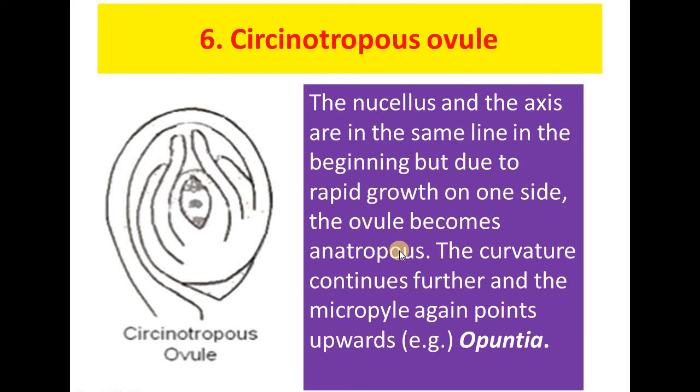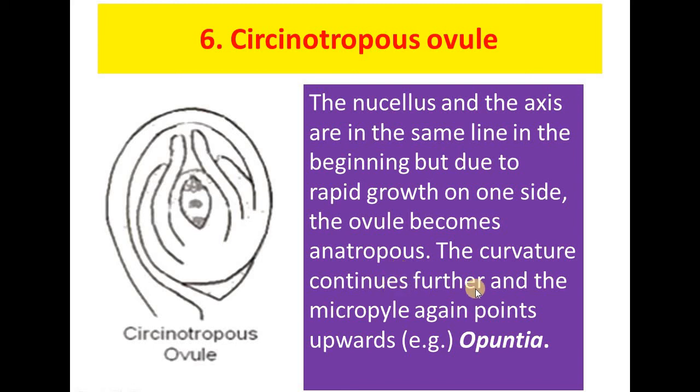But after that, the curvature will be continued. The turn will be continued, and as a result of that, again the turn is there, and finally there will be a 360-degree turn. So finally it will become straight again.